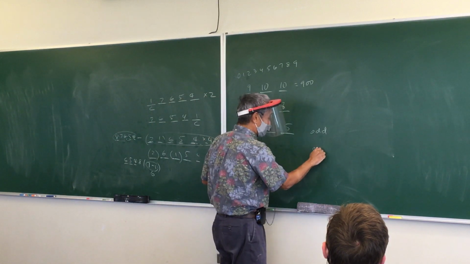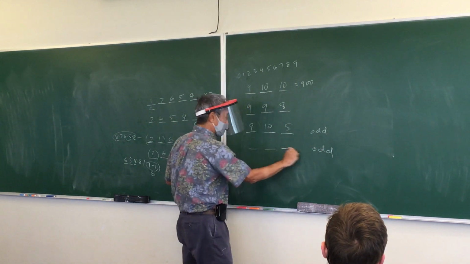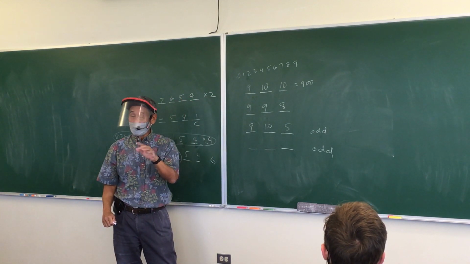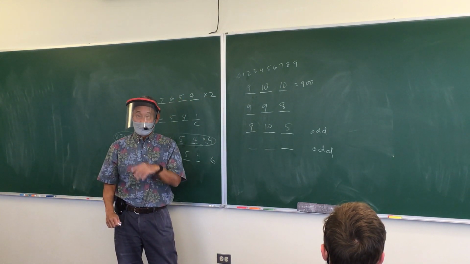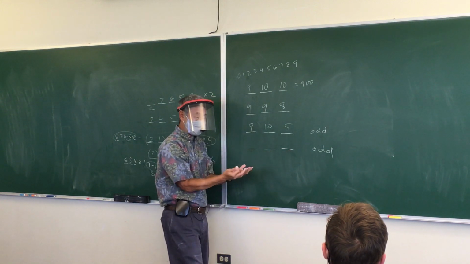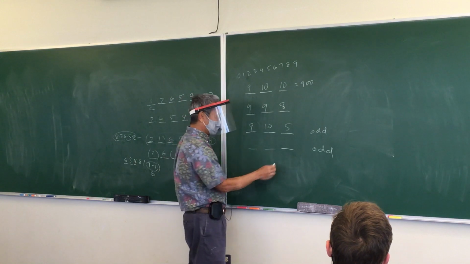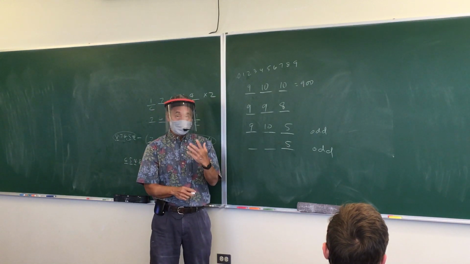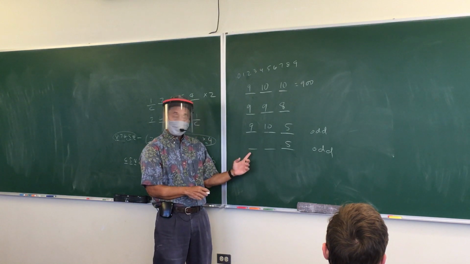Okay, but now, how many odd 3-digit numbers can you make if you cannot repeat? No repetitions. In that case, you probably want to fill the last digit in first because you have to make it odd. So how many choices? 5. Now, whatever number you put here, you cannot use it again. So how many choices do I have for the first digit?